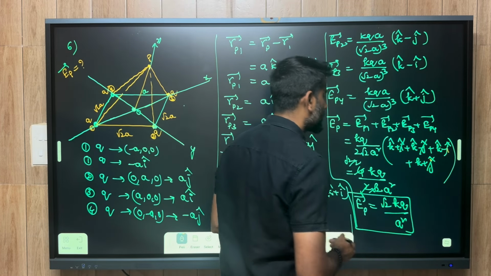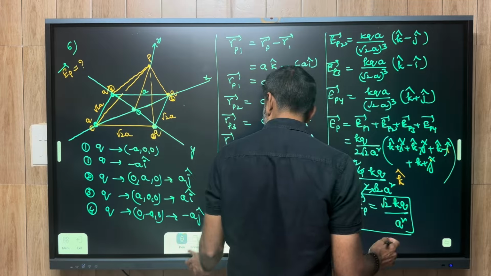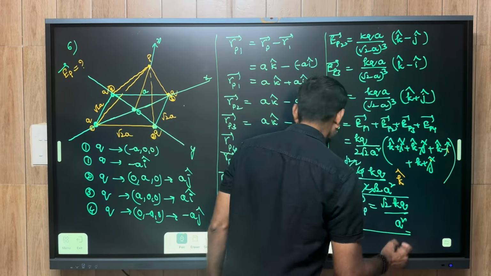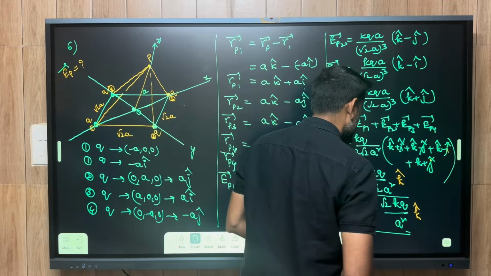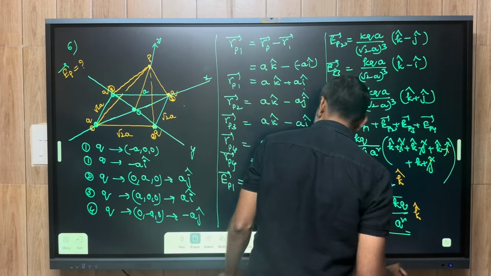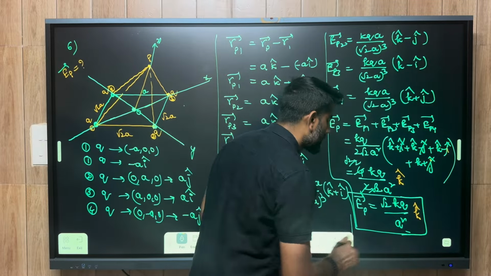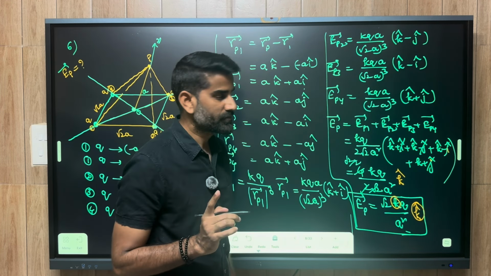I still have one term left, which is the unit vector notation, and here also we have unit vector notation. I have used a different color for this k cap because this k and this k are not the same.